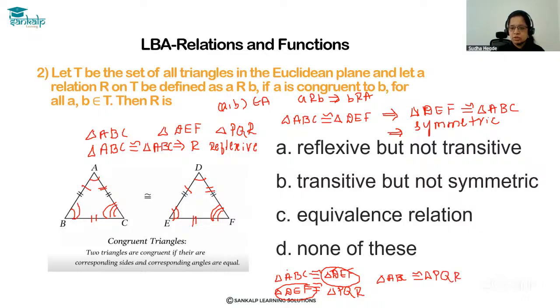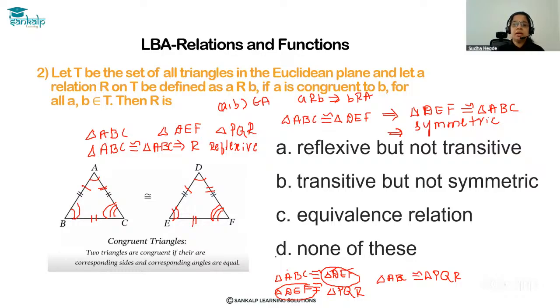Angles of ABC are equal to angles of DEF, and angles of DEF are equal to angles of PQR. That implies angles of ABC must be equal to angles of PQR. Similarly, sides of ABC are equal to sides of PQR.